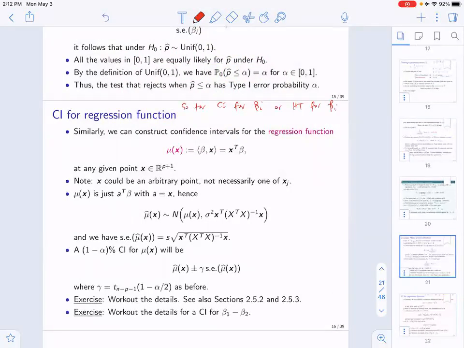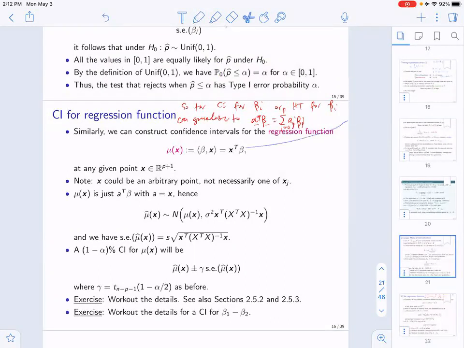But we can generalize this to A transpose beta for any linear combination, or any vector A, so the sum of a_j beta_j, for j from 0 to p. If you look at A transpose beta, that's a different parameter. It's a new parameter.